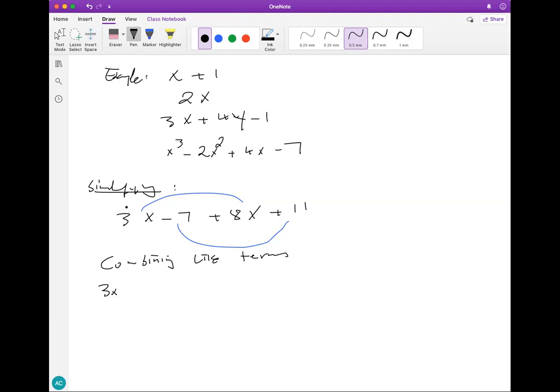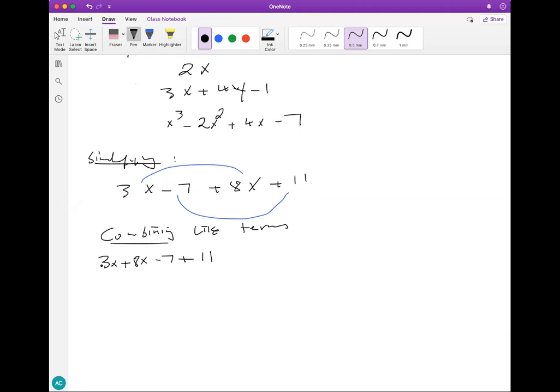Positive, an invisible positive here. So we're going to bring the positive 8x next to its like term. Then we're going to take the negative 7 with its sign and bring it next to positive 11. It's what we call combining like terms.